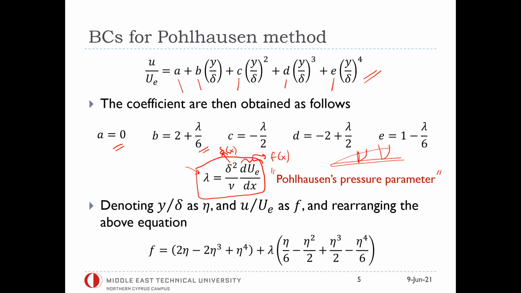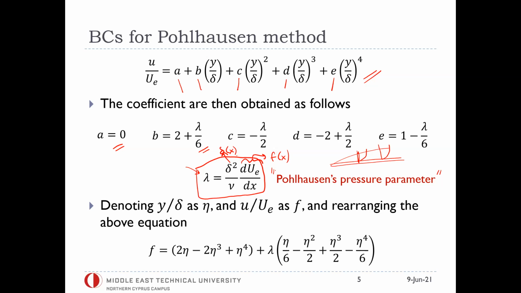So in order to find that, I have to invoke this momentum integral, because this momentum integral equation is a combination of continuity and momentum conservation equations reduced to one single ordinary differential equation.